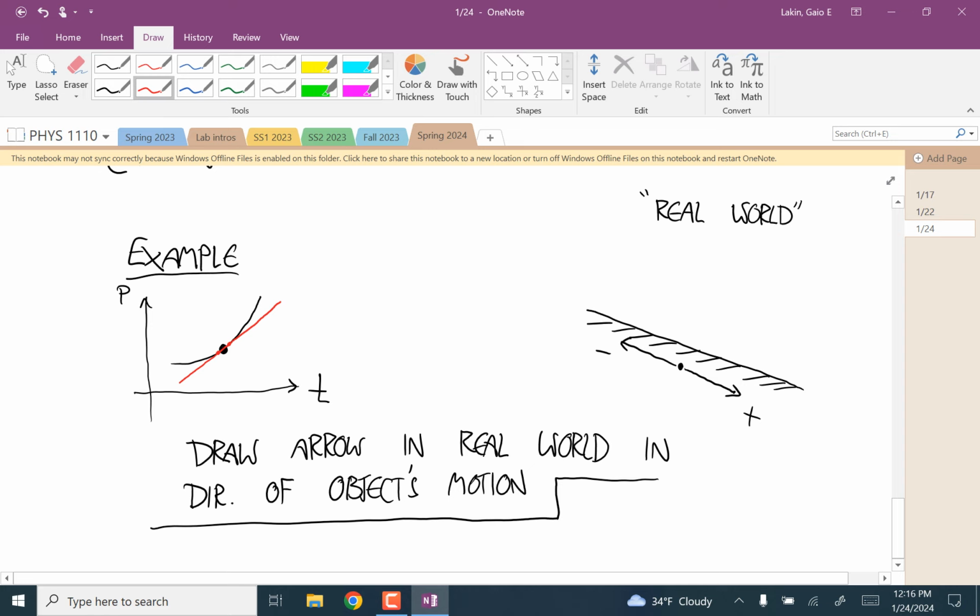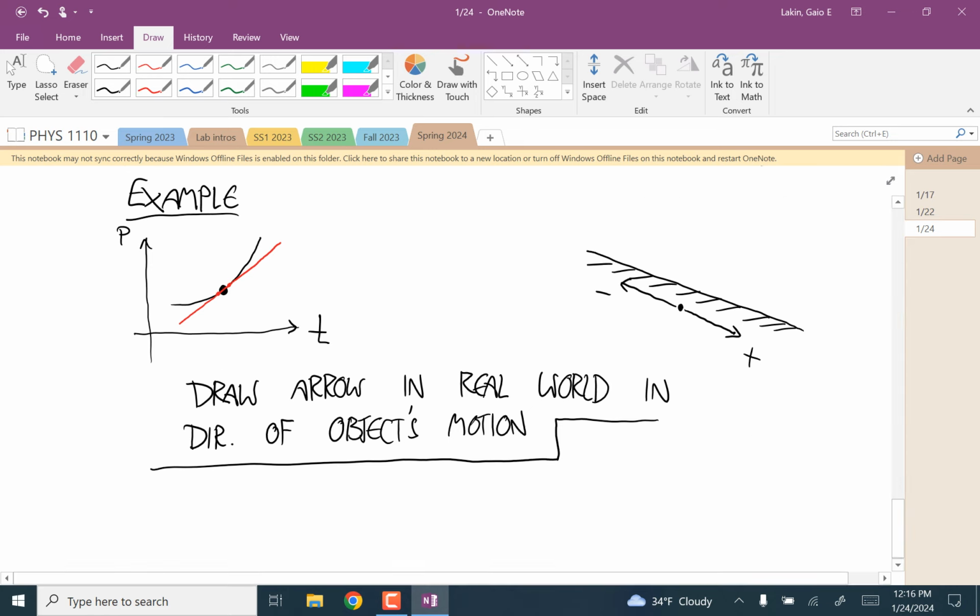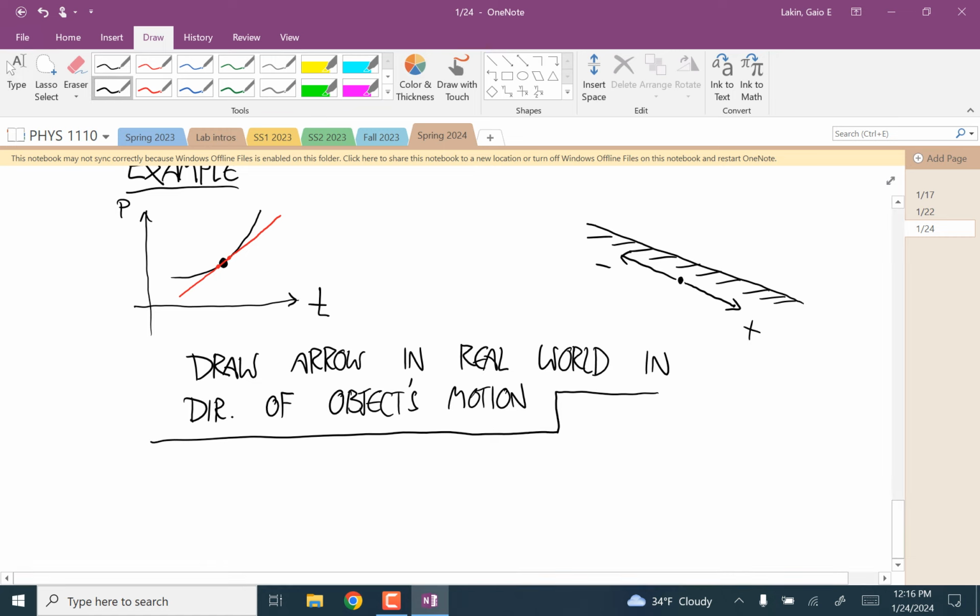That's the tangent line. Is the slope of the tangent line positive, 0, or negative? Yeah. The slope of the tangent is positive. So is the object moving in the positive or negative direction? So, yeah, object is moving in the positive direction.